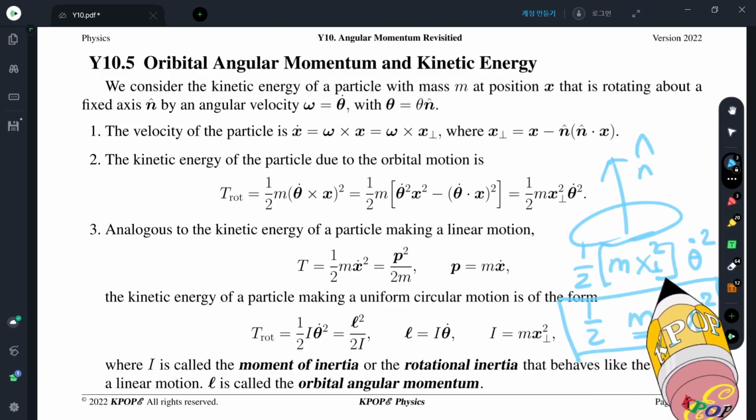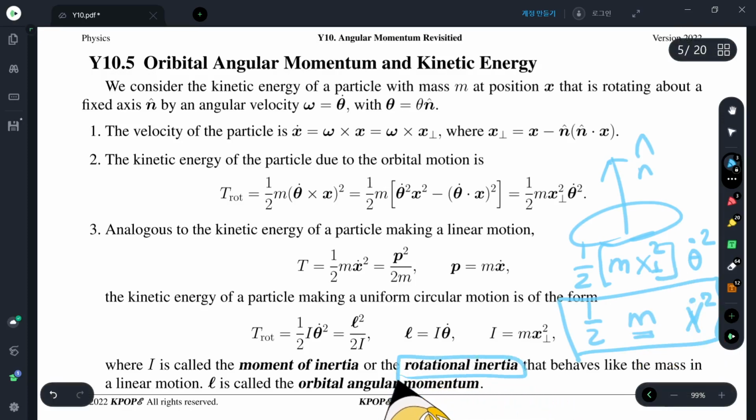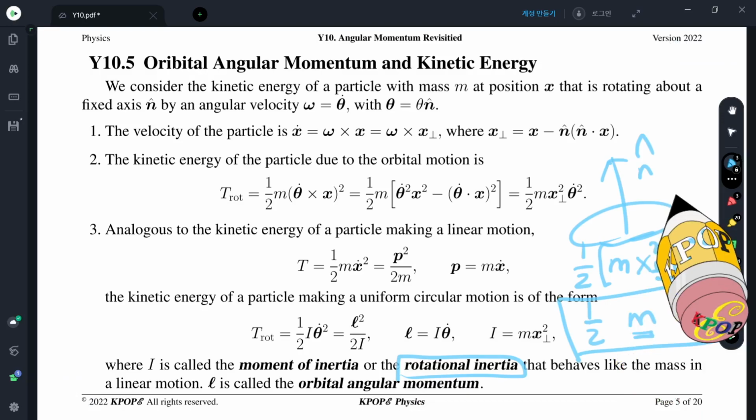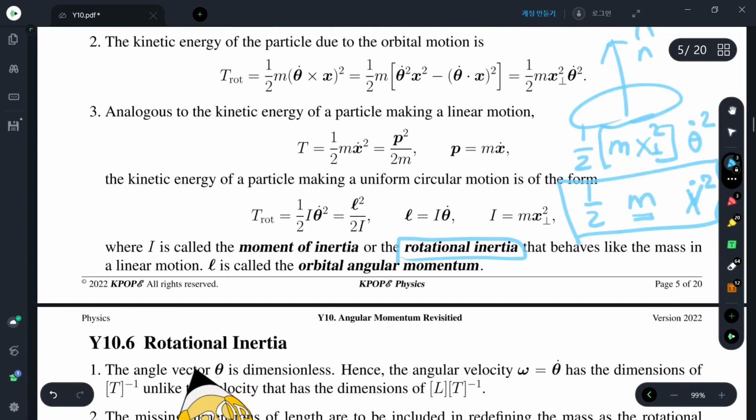That is called rotational inertia when we sum over all of the particles inside a rigid body, a system of particles that are rotating all together.